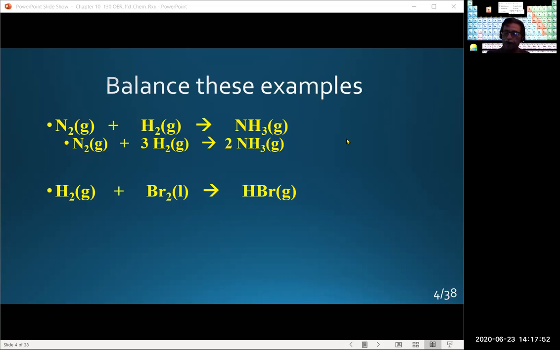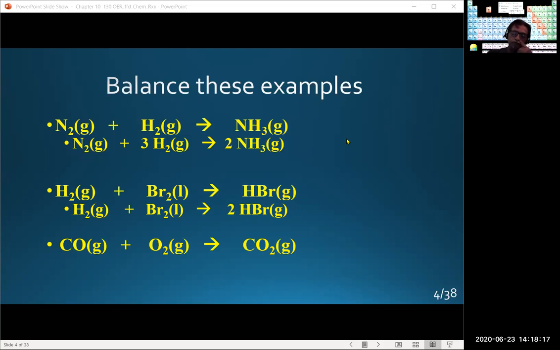So if I put a 2 in front of HBr, guess what? It's totally balanced. Now look at your ratios between reactants. It's a 1-to-1, 1 hydrogen per 1 bromine. From hydrogen to HBr, it's a 1-to-2. From bromine to HBr, it's a 1-to-2. Okay.